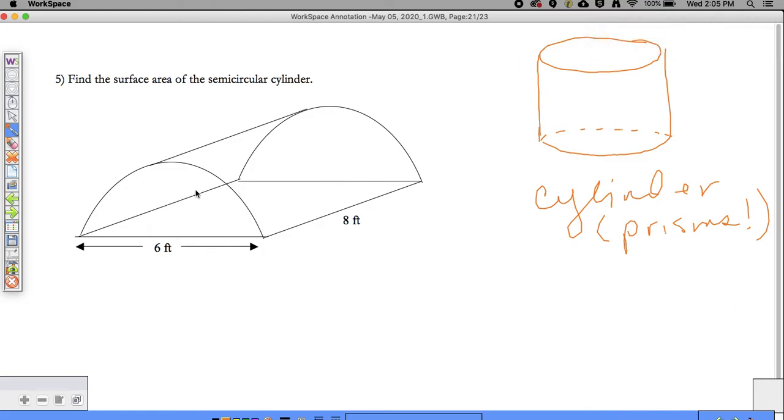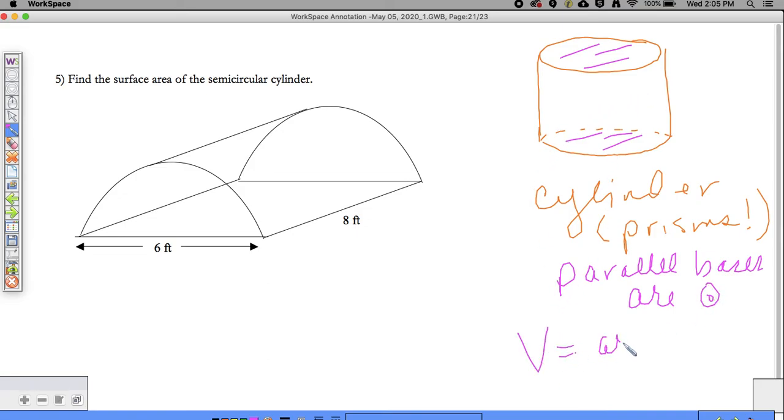So now that we have it, we know that our parallel bases are circles, right? And then again, remember the volume is equal to the area of the base times the height. So the nice thing is this right here is our height, and the base is in the shape of a circle.